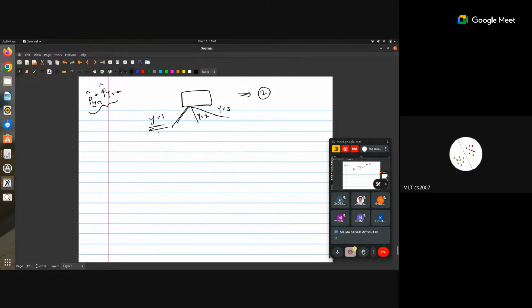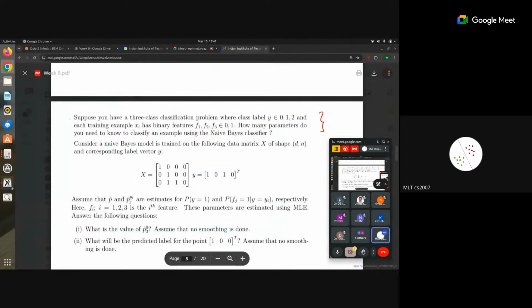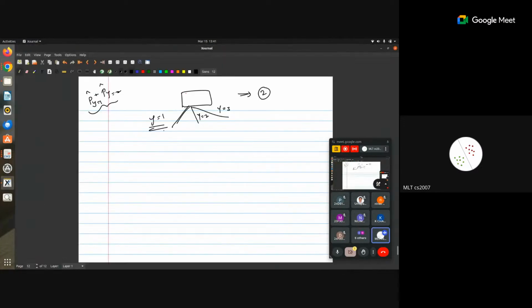So for each of these classes, how many features are there? 3. So you have 3 features f1, f2, and f3. How many parameters do you need here? 3 here, again 3 here, and again 3 here, right? So 3, 3, 3 is 9, and 9 plus 2 equals 11.